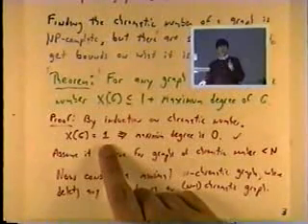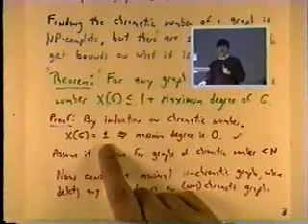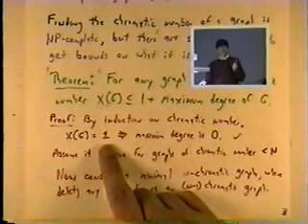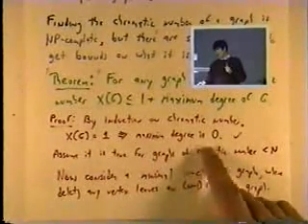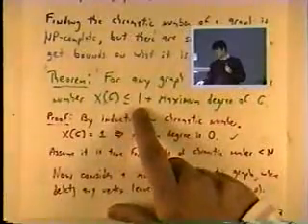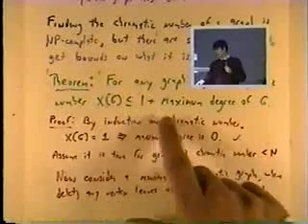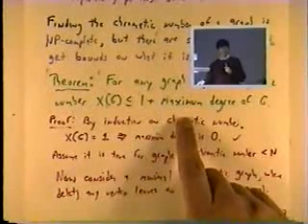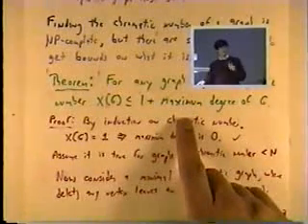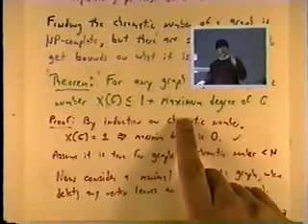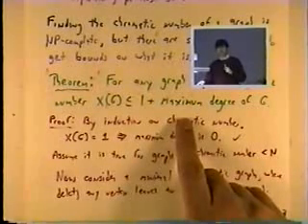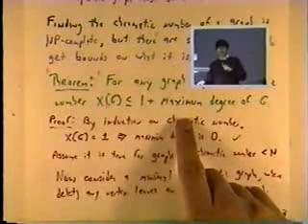If we have a graph of chromatic number 1, it has no edges, so the maximum degree is 0. And lo and behold, we do get the case 1 plus the maximum degree. So you see that you can, in fact, get something that's larger than the maximum degree. We already saw that in the case of odd cycles, actually. The odd cycles were vertices of degree 2, but chromatic number 3.